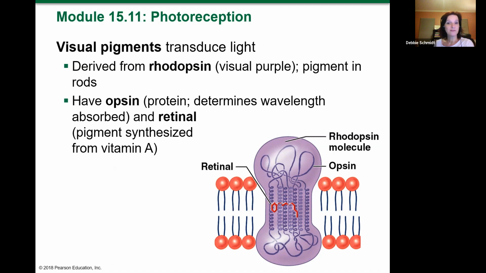We have different flavors of opsin, and which kind of opsin you have depends on which light wavelength this particular cell is going to be sensitive to. And then we have retinol, a pigment synthesized from vitamin A. That's why vitamin A is important to your eyes.